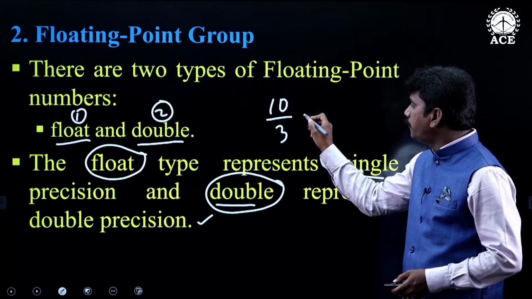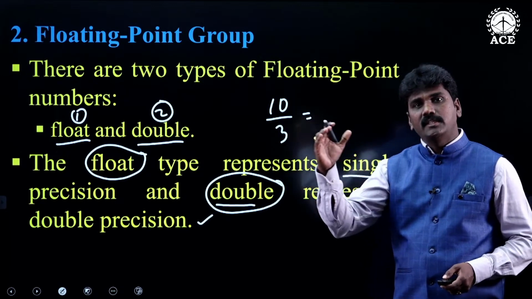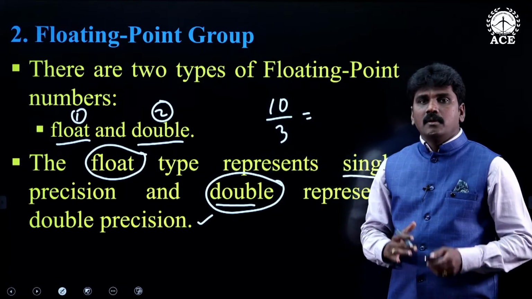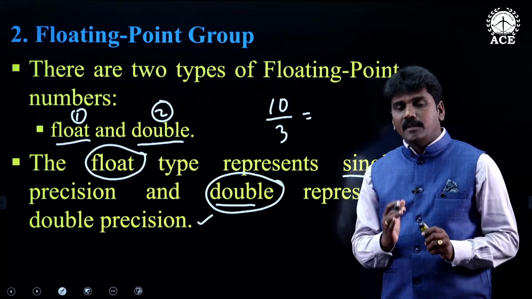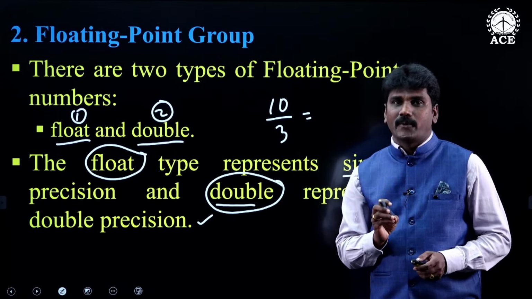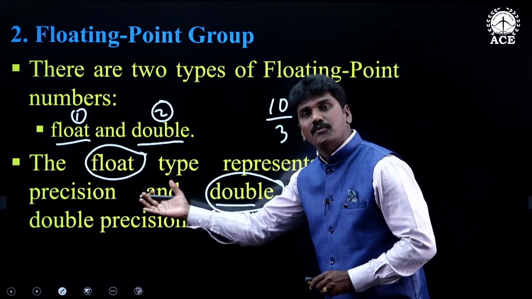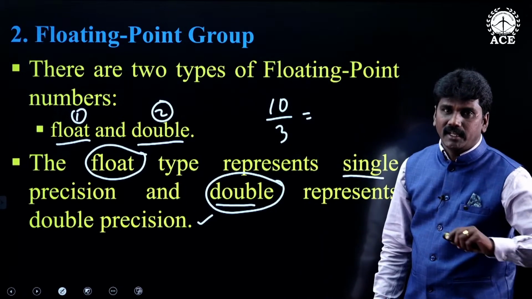Like 10 by 3, it is going to give us 3.333 like that. So at that time you can decide how many digits you need after the decimal point, and based on that we can use either the float data type or the double data type.